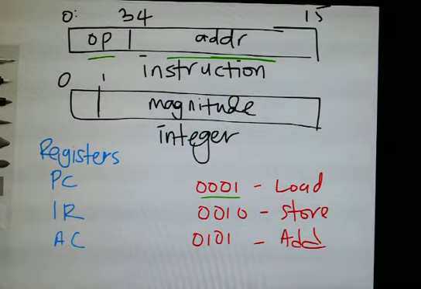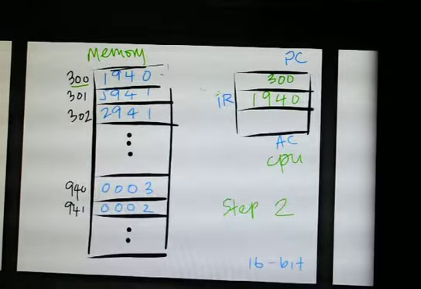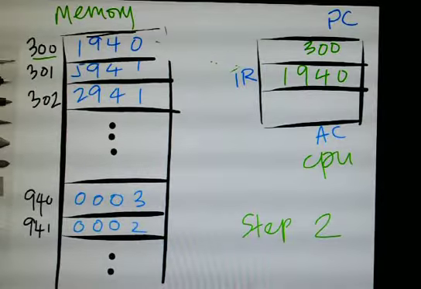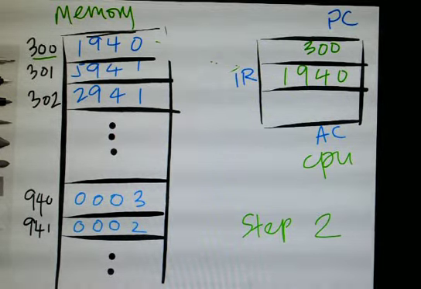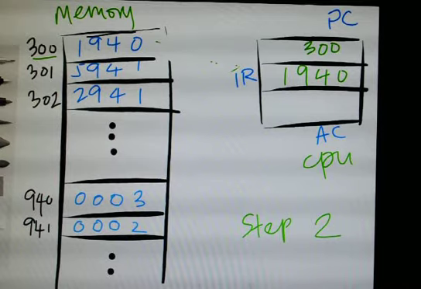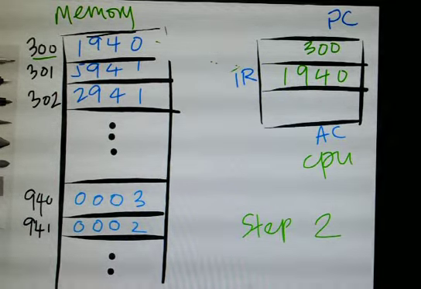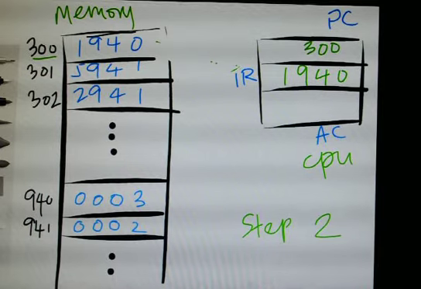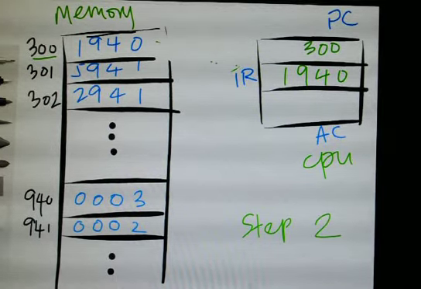Jadi 1 maksudnya load. That means we will load an operand from memory into the register, into AC. Please refer to your book when you view this video. Minta tolong buka buku page 93 for the latest edition, Stallings. We will execute this instruction.